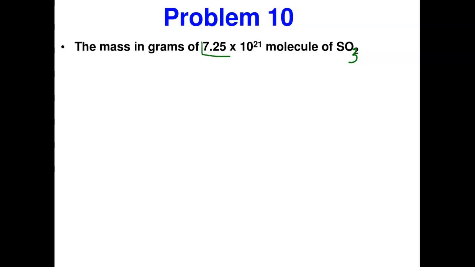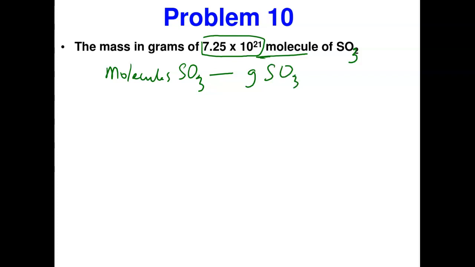Now, the basic thing we are doing here is that we want to convert from molecules. Rather, we have to include this one. So we're converting from molecules of SO3 to grams of SO3. Again, we're going to use the same relationship like we used last time.